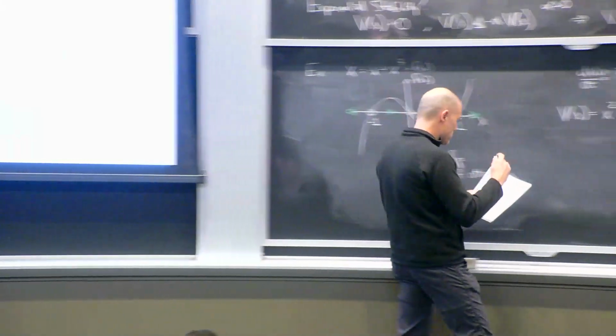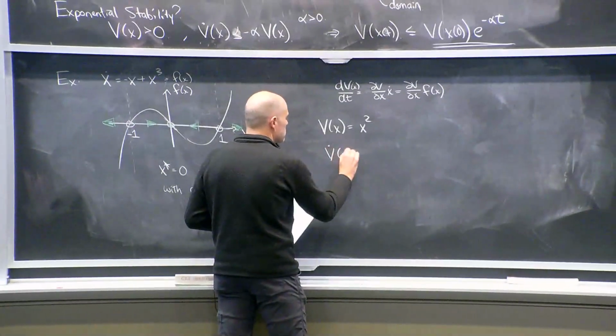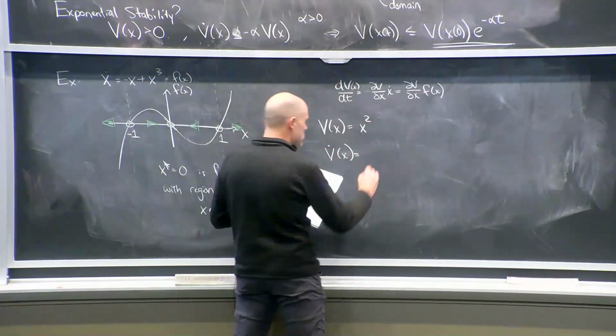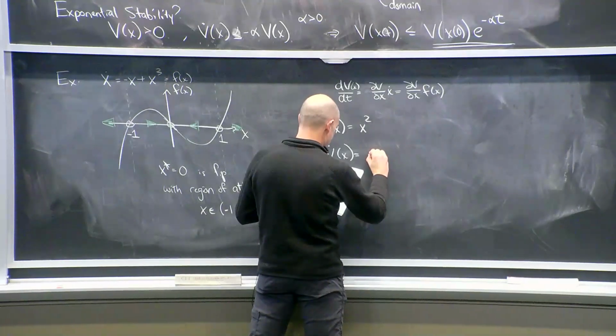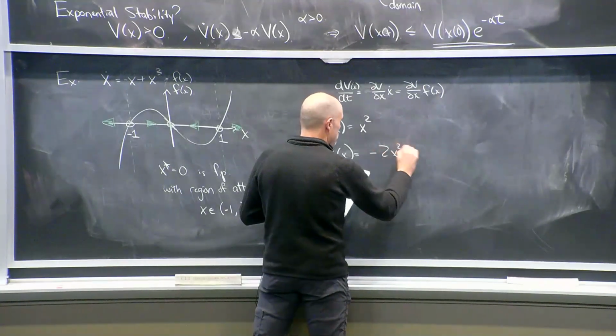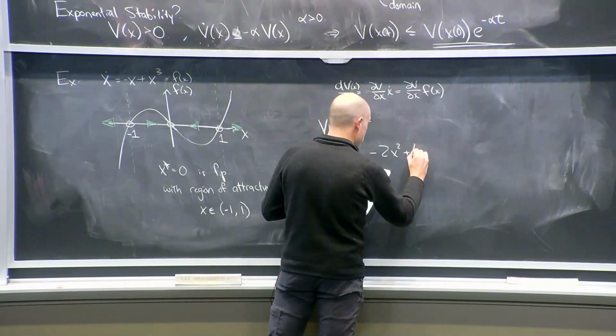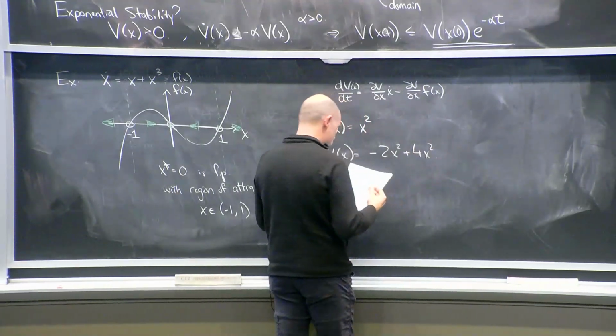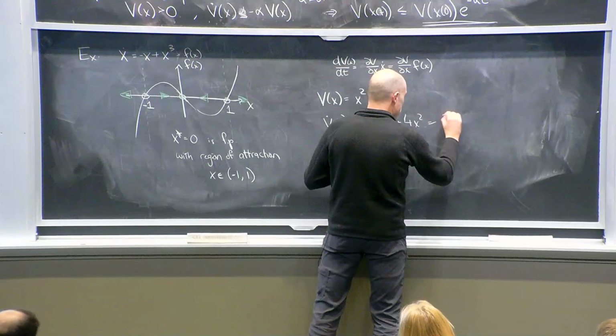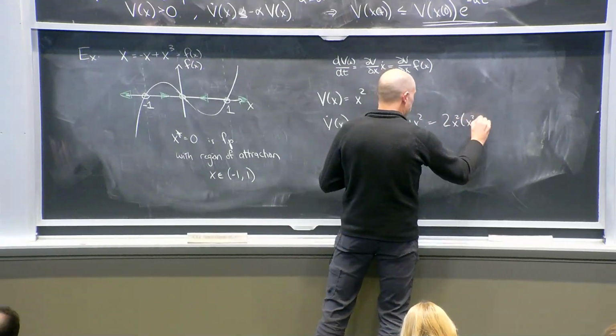If you do the math then V dot of x is going to be, I'll shorthand it for you here, 2x squared times (x squared minus 1).